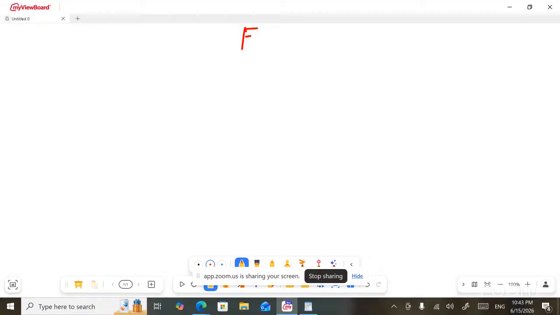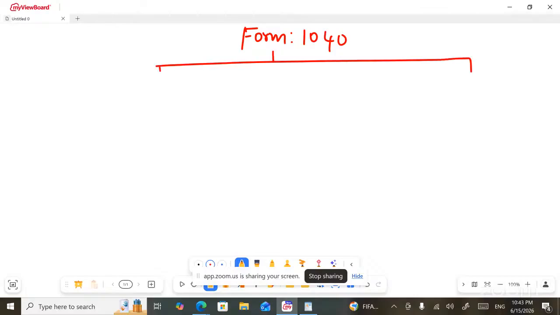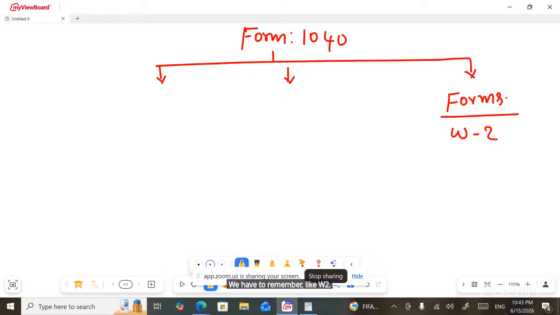Form number 1040, and various forms we have to remember, like W2, form number W2G, form number 1099, or like this.